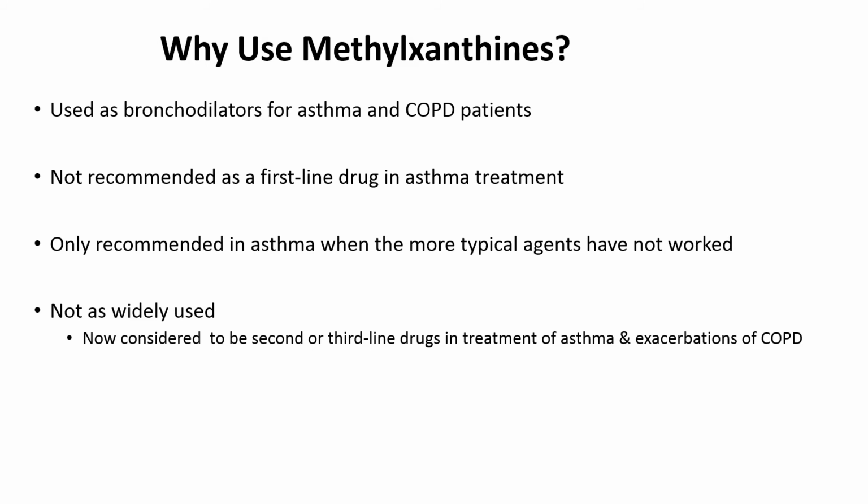It can be considered as a second or third line drug in the treatment of bronchial asthma or COPD, and it is only recommended when you are not getting a response from the first line agents or the second line agents. Then you can go ahead with this particular drug. So it is not recommended as a first line drug in the treatment of bronchial asthma.